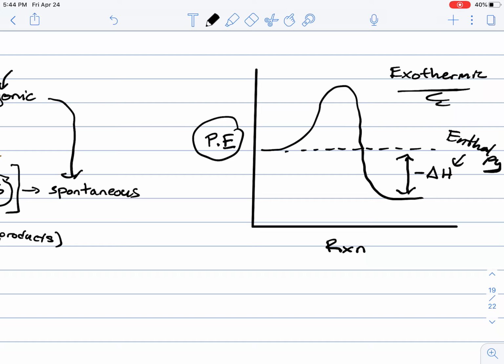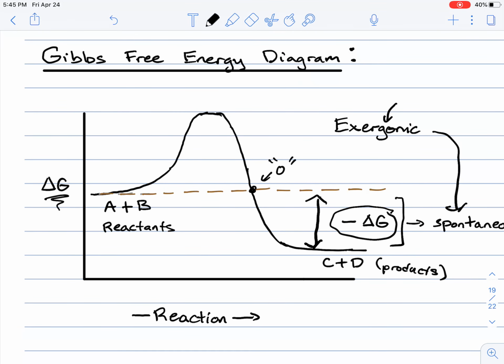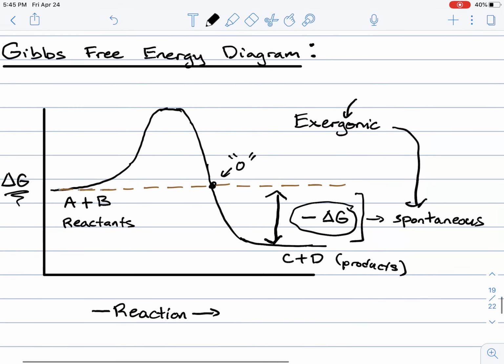Now, whether or not that net release of energy is in the form of free energy, we don't know, right? We have to take into consideration temperature and entropy. But when you're talking about Gibbs free energy, if you have a negative delta G, then that is the residual energy that is released after taking into consideration all the other factors that affect spontaneity, which is enthalpy, entropy, and temperature. Right?